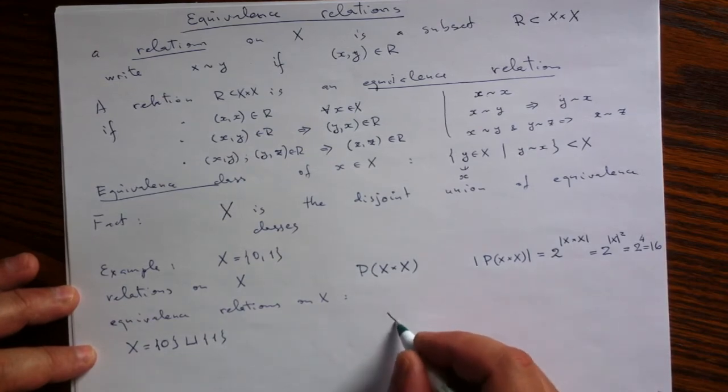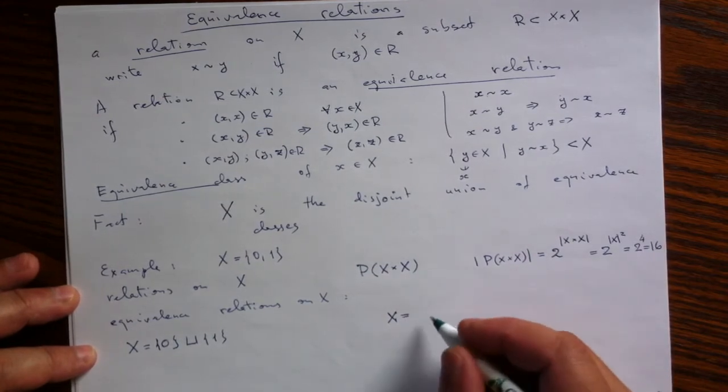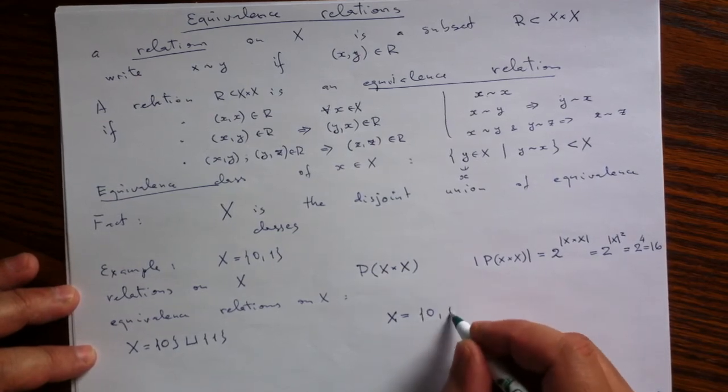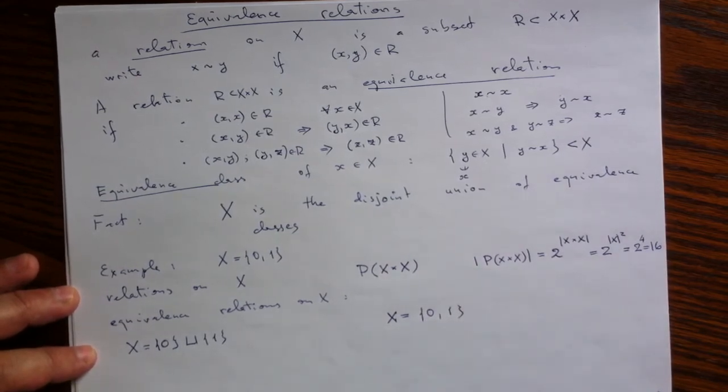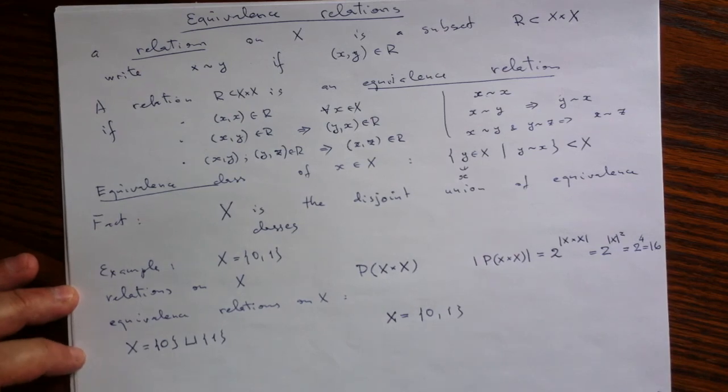And another possibility is to keep everything in one class, so everything is equivalent to anything else. Again, for any size set it is possible to define, and that's another trivial extreme. But for a 2-element set, these are the only 2 possibilities. So we only have 2 equivalence relations compared to the total 16 possible relations on our 2-element set.